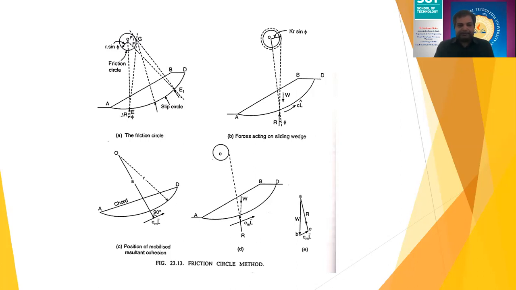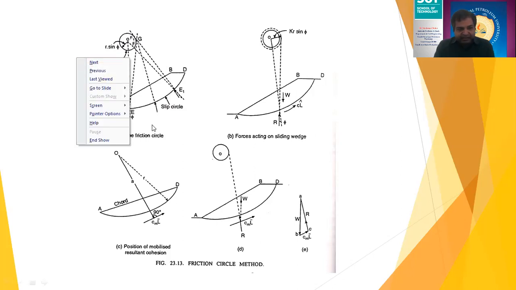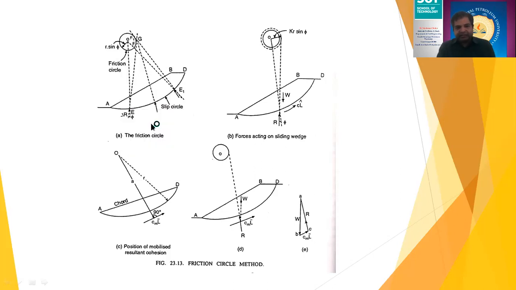Okay. Now let us see how this particular method is analyzed. I'm not going through the whole method line by line. I will just explain how this method is actually analyzed. For example, just imagine you need to solve this with the help of one example. So let us draw one figure on graph paper, which is the particular slope that you need to analyze.